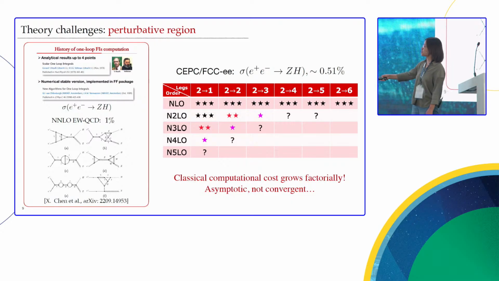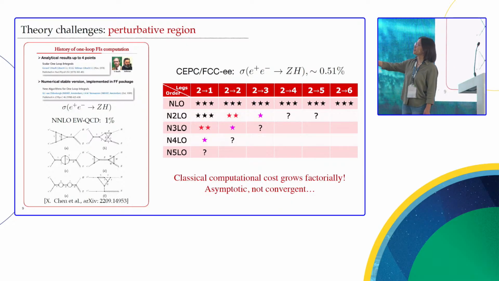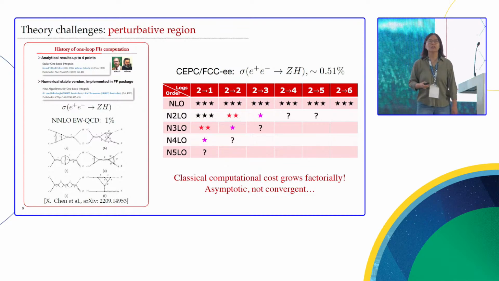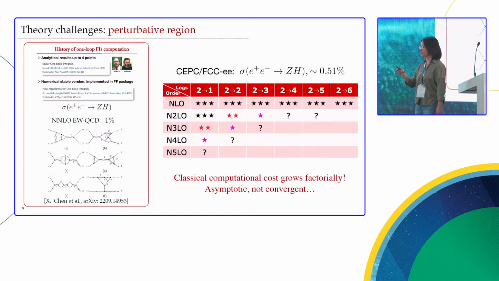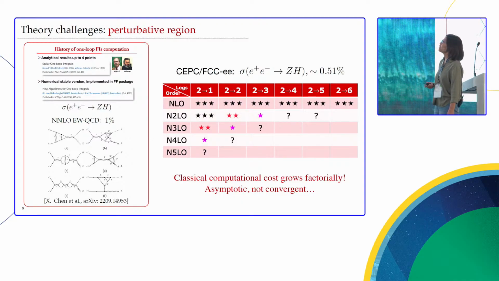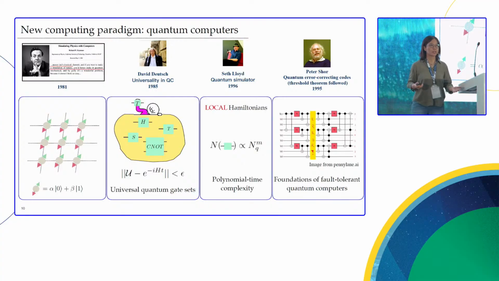It is asymptotic, but it's not convergent. So we cannot really tell once we include the 3-loop order calculation whether we can reach this precision or not. So given these computational challenges that we have considered, for the whole community for like 50 years or so, we would be really happy to see what we can do once you have a new computing paradigm, right?